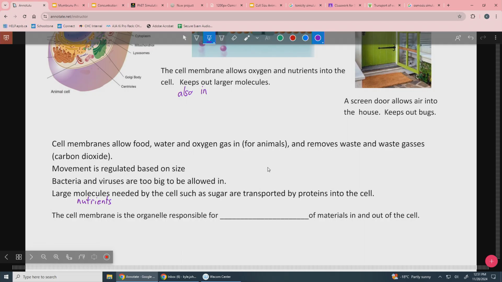They cannot pass through the membrane, so they need a doorway of sorts.